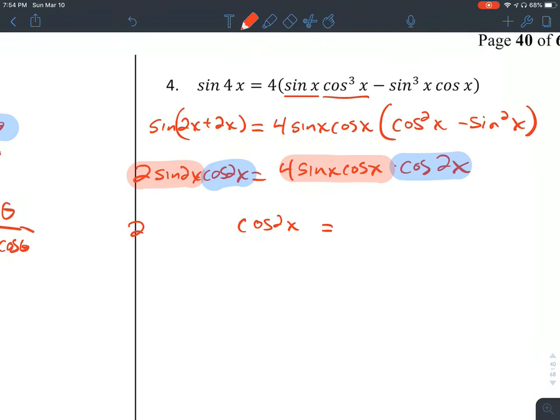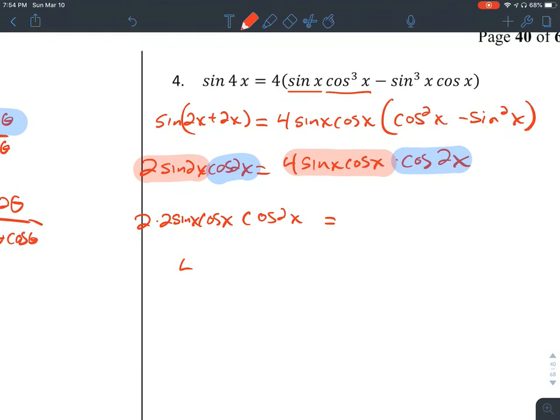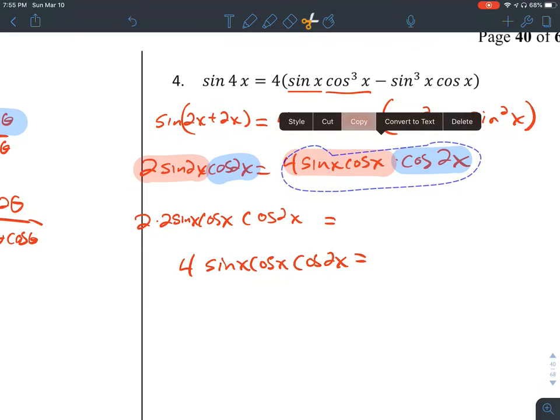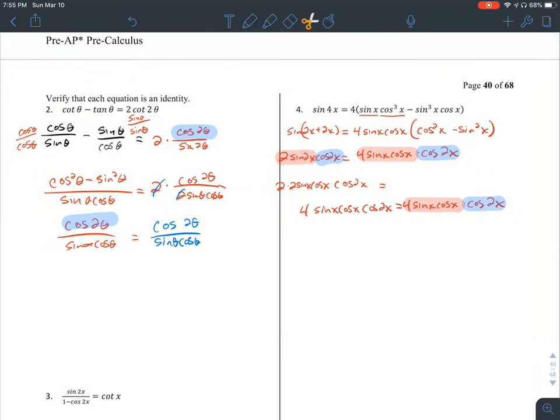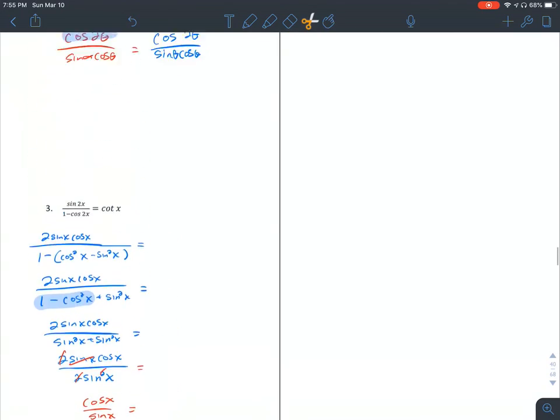So sine of 2x is going to be 2 sine of x cosine of x. And then we have it. 2 times 2 is 4 sine of x cosine of x times cosine of 2x. That's what the right side was for quite some time. It's proven, so it is finished. Awesome.